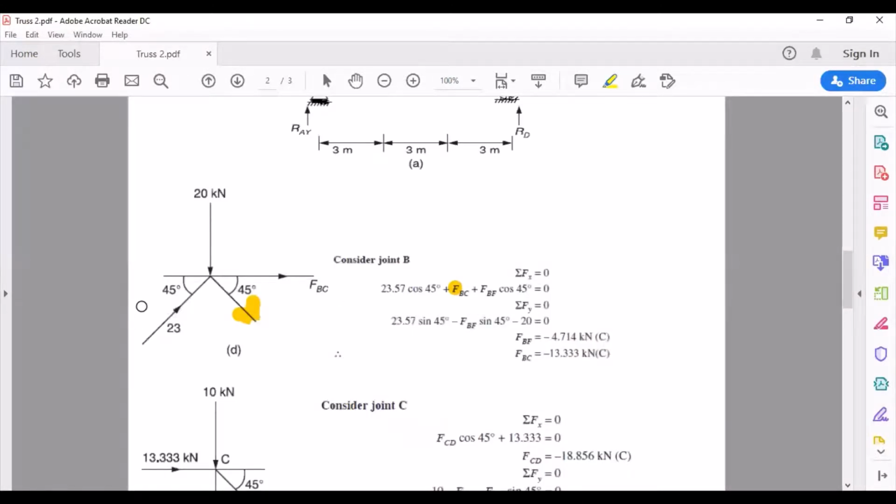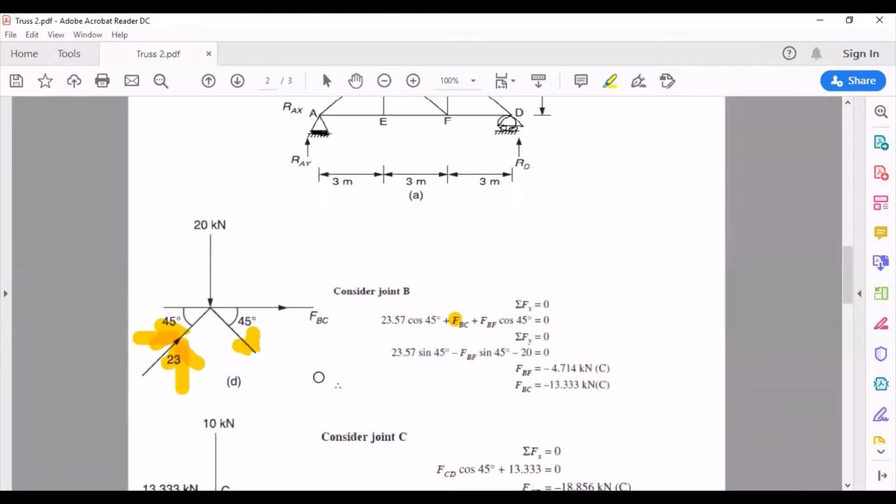When you draw the components, one will be rightwards, horizontal, and this will be vertical, upward. This horizontal component is 23.57 cos 45. It is moving to the right, thereby it is taken with the positive sign. Similarly, you have the horizontal component of FBF.